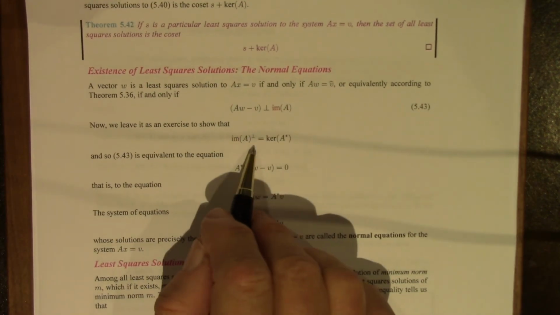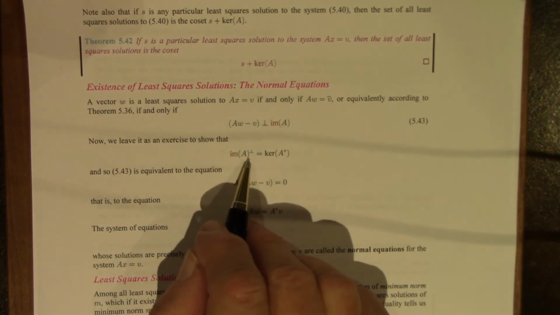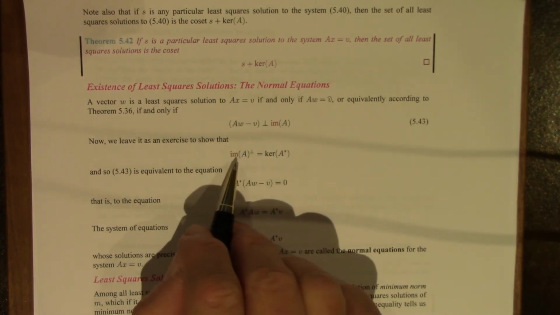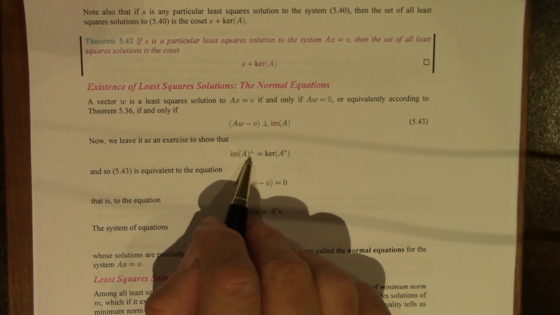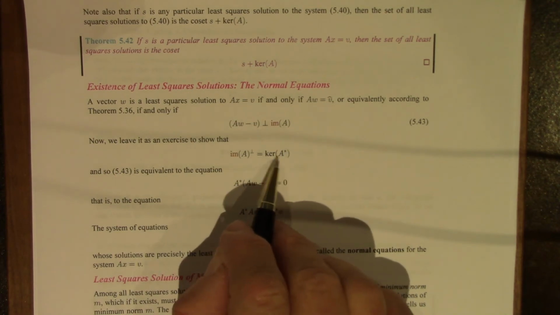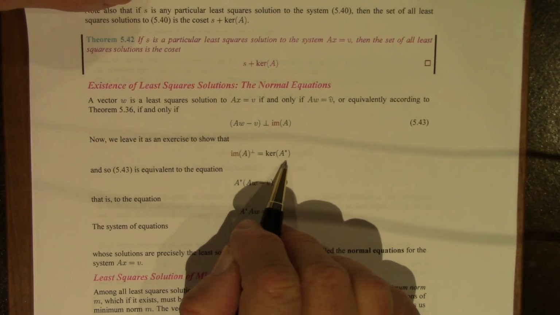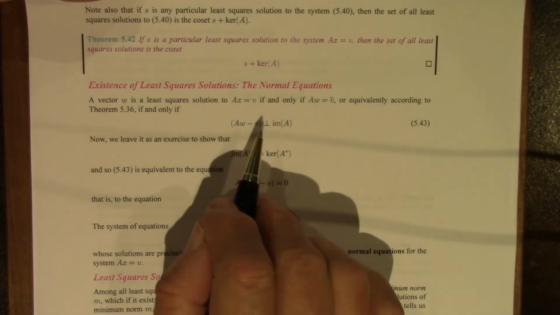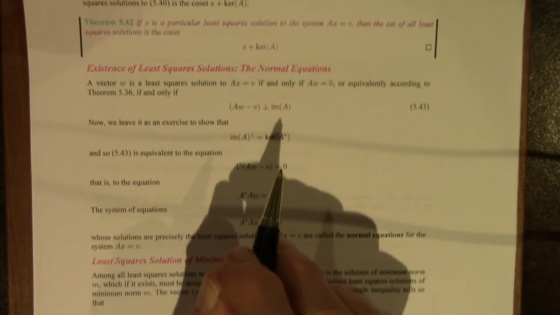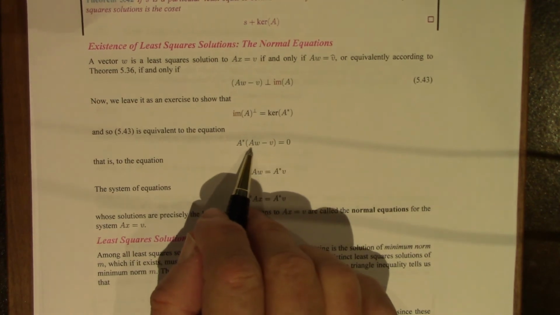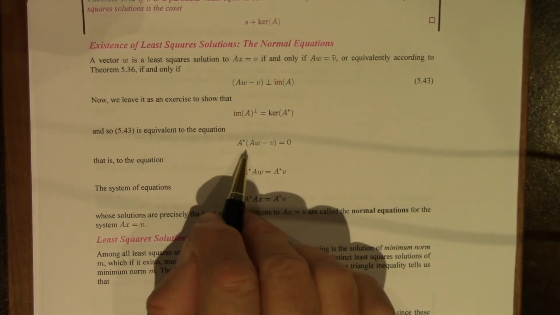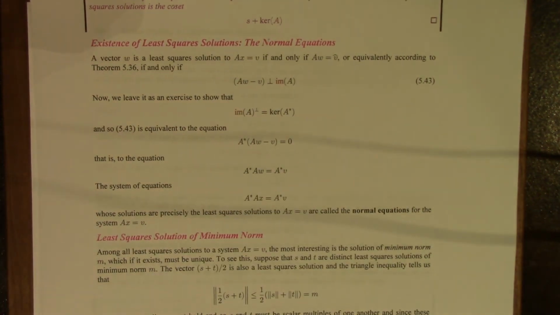Now I'm going to leave it as an exercise for you to show that the image of A perp is equal to the kernel of the adjoint A star. And therefore, this statement is equivalent to the fact that W satisfies this equation.